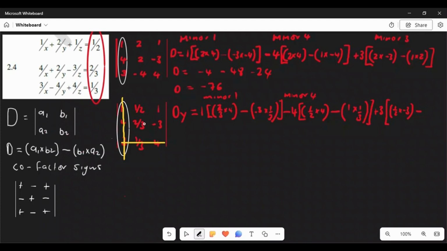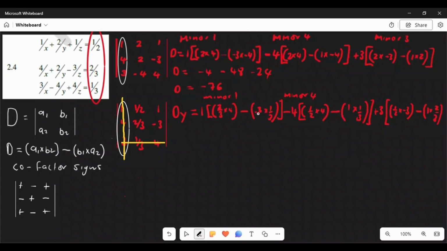In this case, it's 1 multiplied by 2 over 3. That 2 is not really visible, so try to make it visible. Then you close the bracket. And from here, guys, you put this on your calculator.